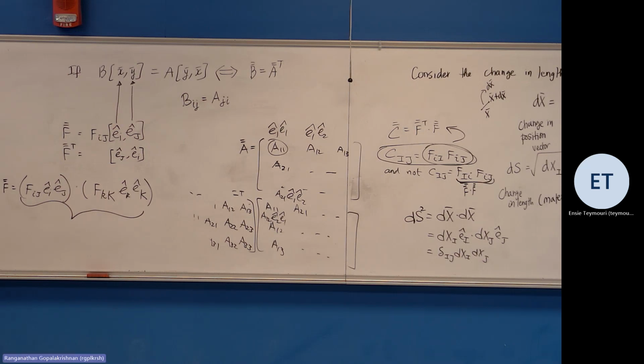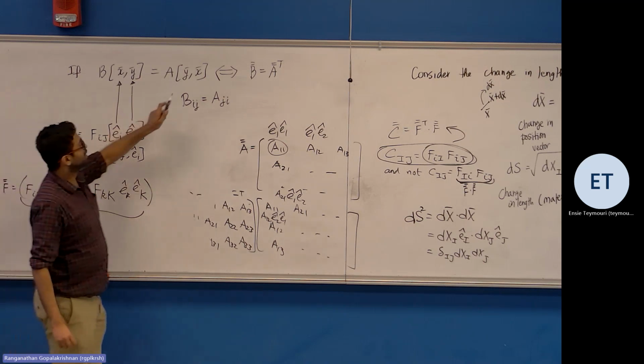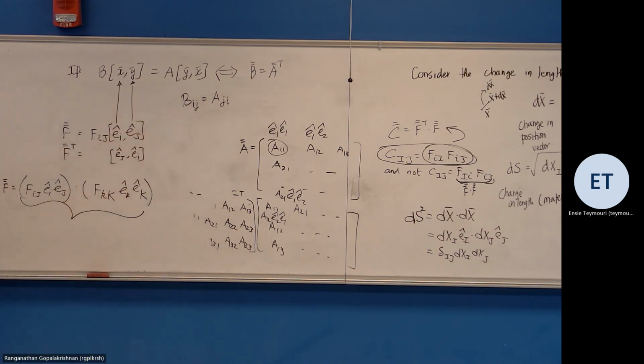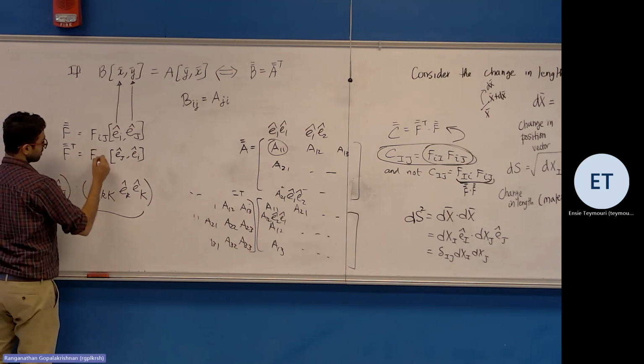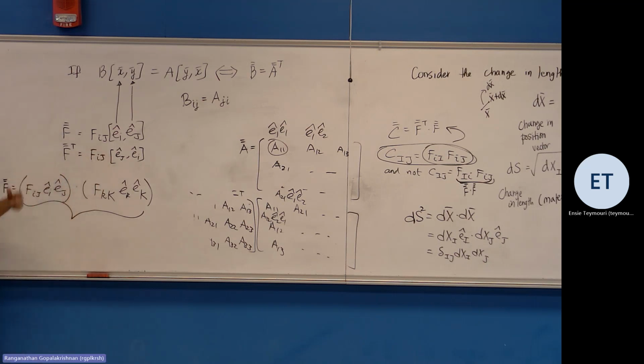So what are we missing in our understanding about the transpose itself? If F transpose were F_ij with the dyad vectors switched, it would make sense. So consider this.